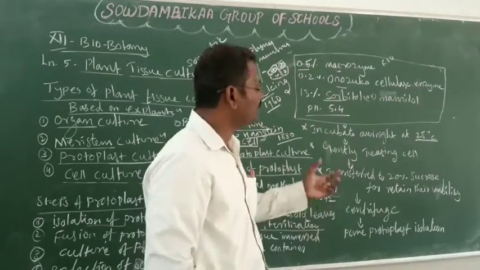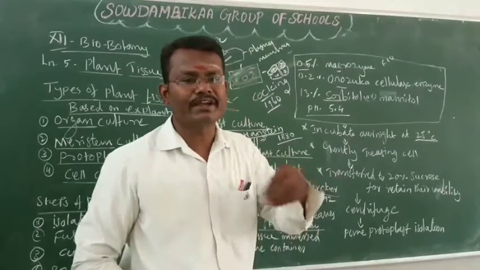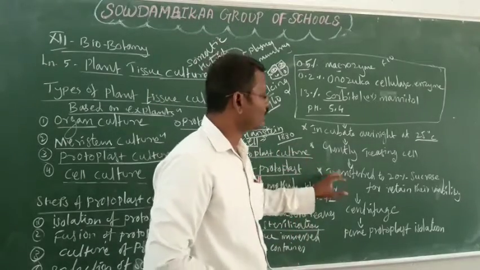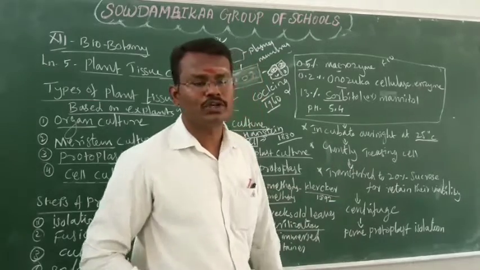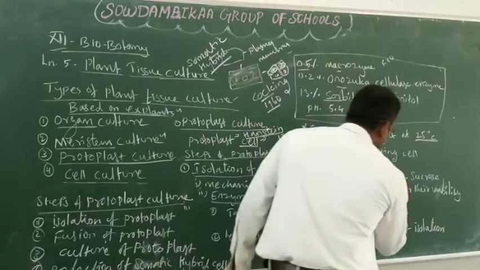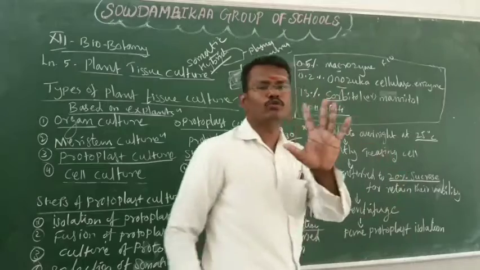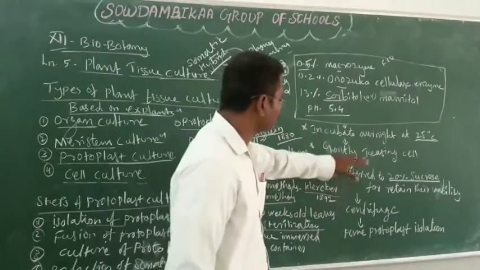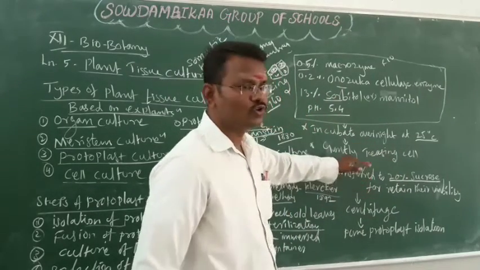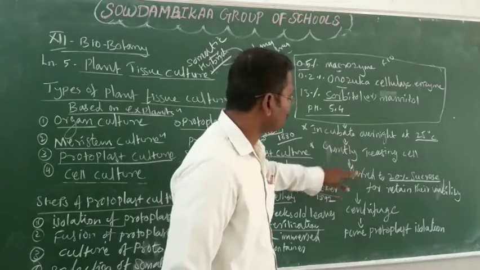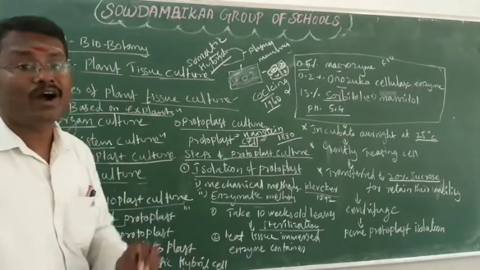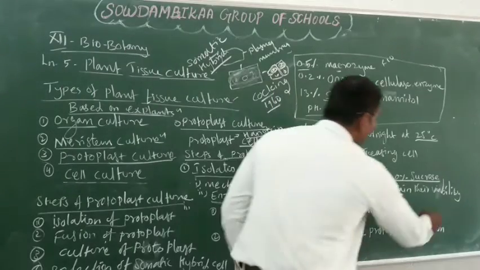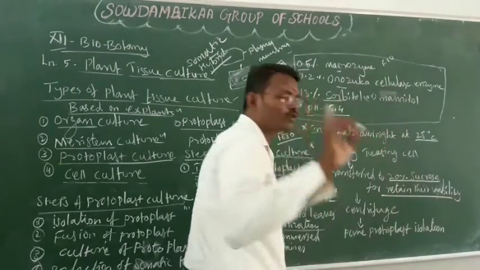After that we gently tease the cells. Next we transfer to 20% sucrose. Very important 1 mark question. Next, the protoplast is transferred to 20% sucrose solution to retain its viability.